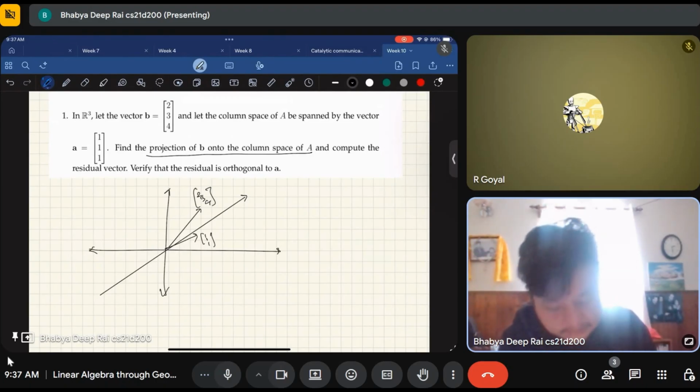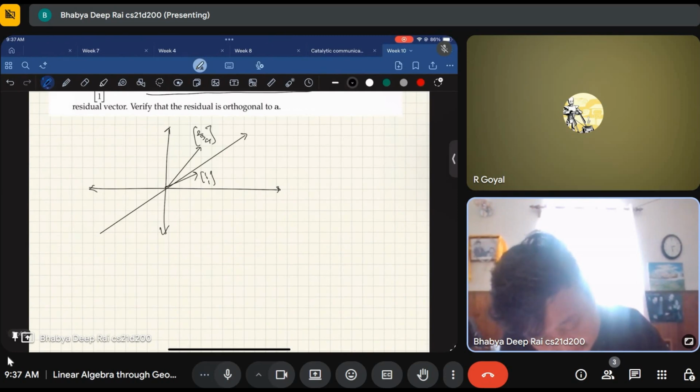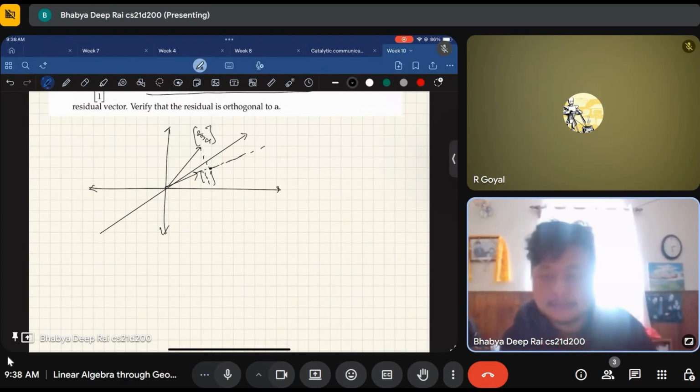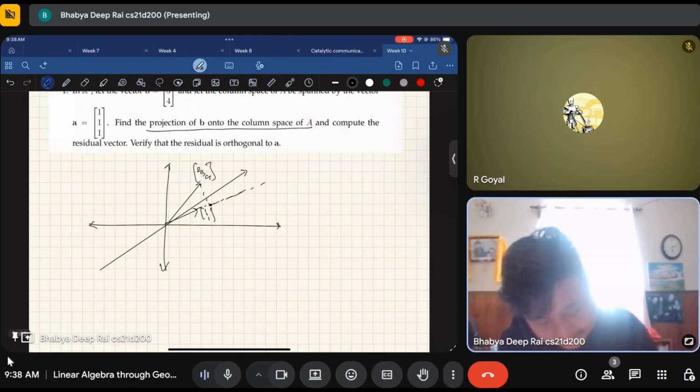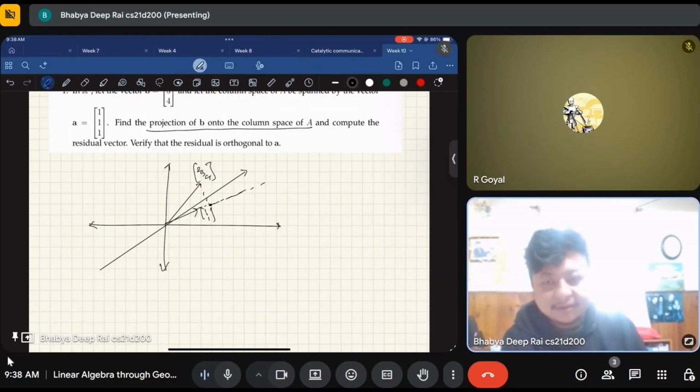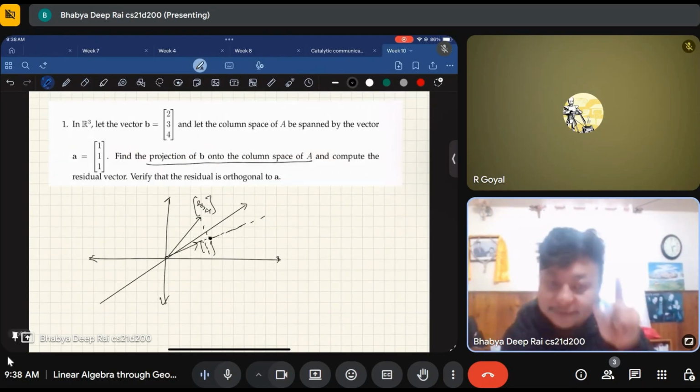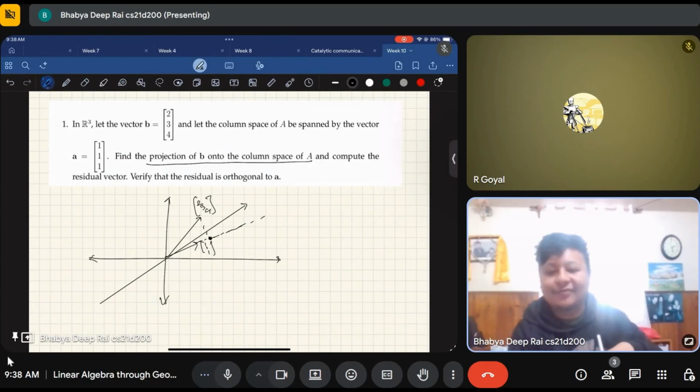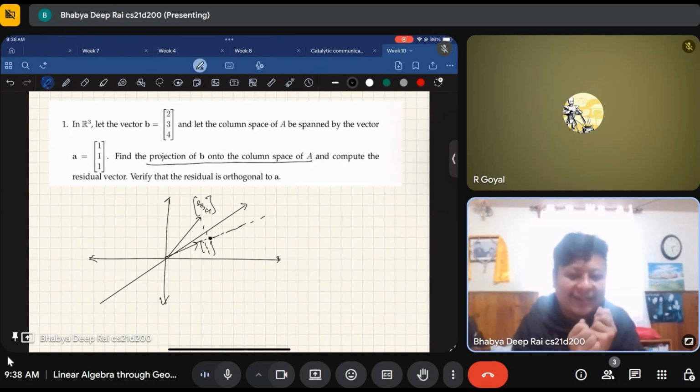All you need to do is project 2 3 4 onto 1 1 1, and that particular combination will be the least square solution. In this particular question, since we are just projecting one vector onto another, we don't need to apply the standard least square solution, but in the background, least square solution is what we are computing.